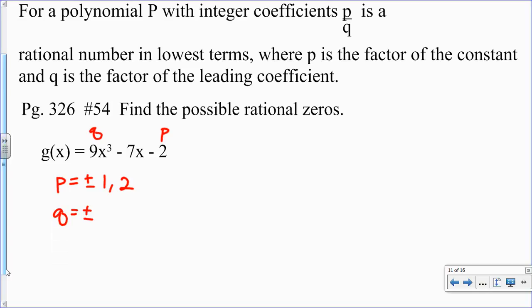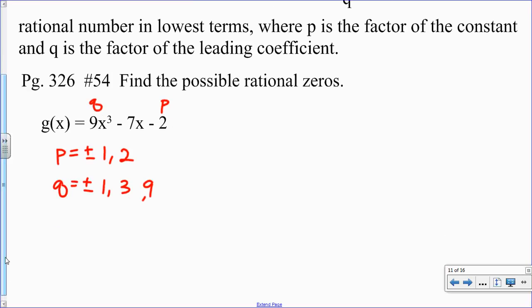So plus or minus 1 and 9. And what else? Yeah, 3 and 3, so 3. Okay, then the possible rational zeros are P over Q. So I'm doing P over Q.